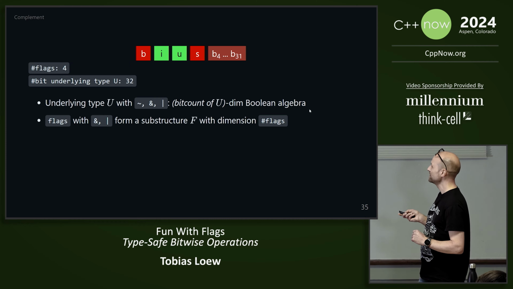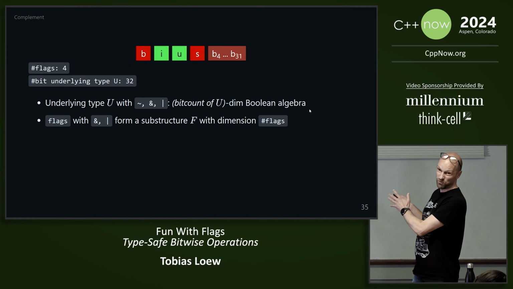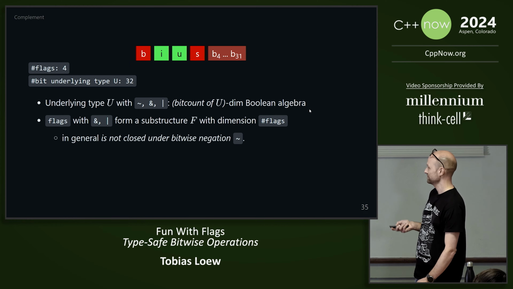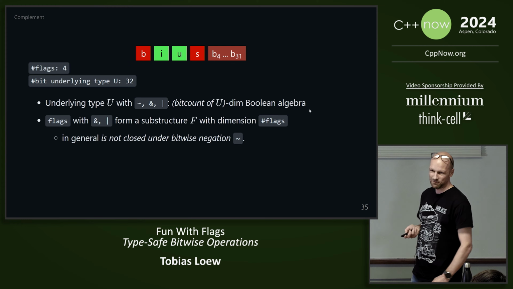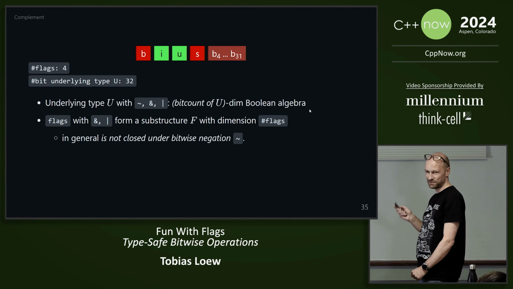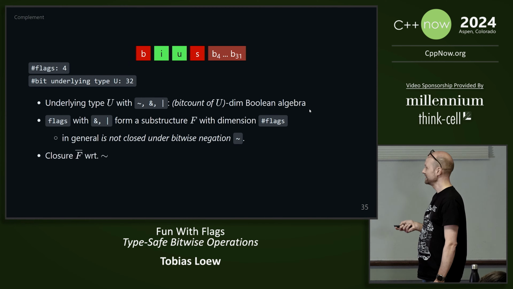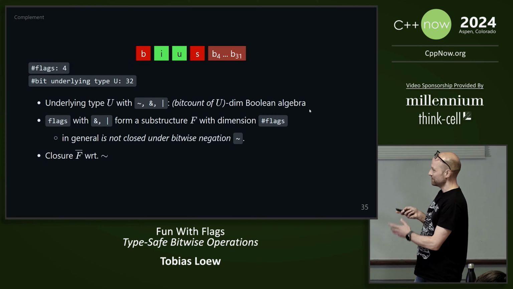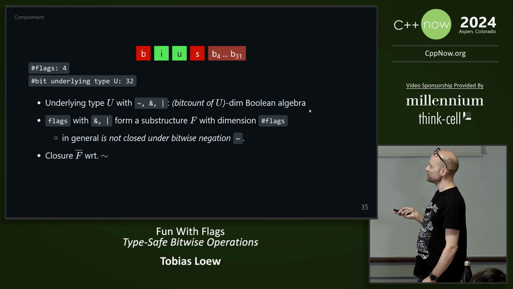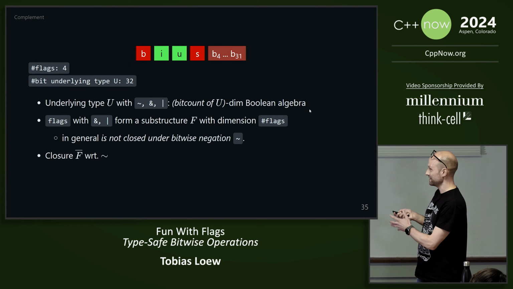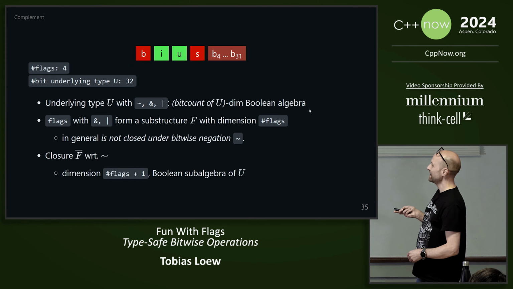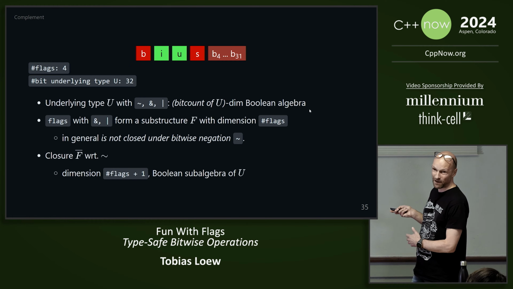Let's call it F, with dimension 4 in our case. And this flag set is in general not closed under bitwise negation. That's important. But still we can build the closure F bar with respect to this negation. What we get then is a 4 + 1 dimensional Boolean subalgebra of U.